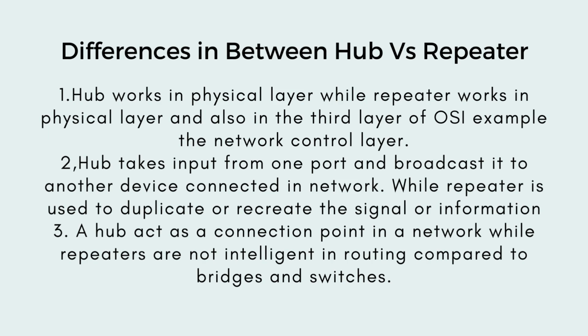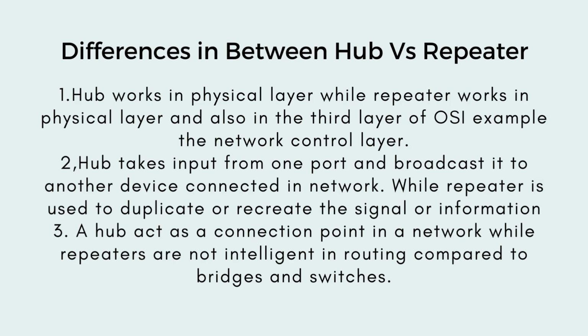Differences between hub and repeater. Number 1. A hub works in the physical layer, while a repeater works in the physical layer and also in the third layer of the OSI, for example, the network control layer. Number 2.